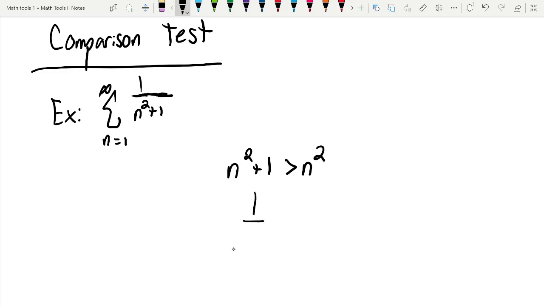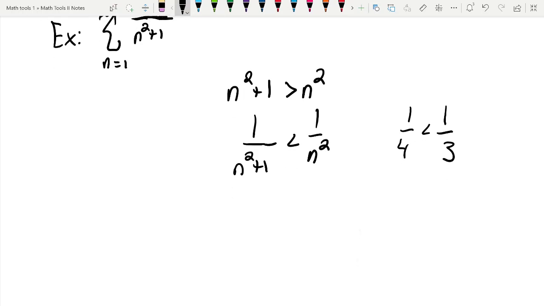So if we were to put them in the denominator, the opposite inequality would hold. The left one now has a larger denominator, meaning that overall it's going to be smaller. They have the same numerator. This one has a larger denominator, which is going to make it smaller, just like 1/4 is less than 1/3.